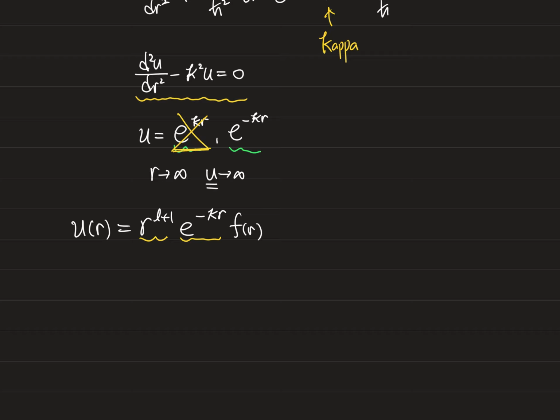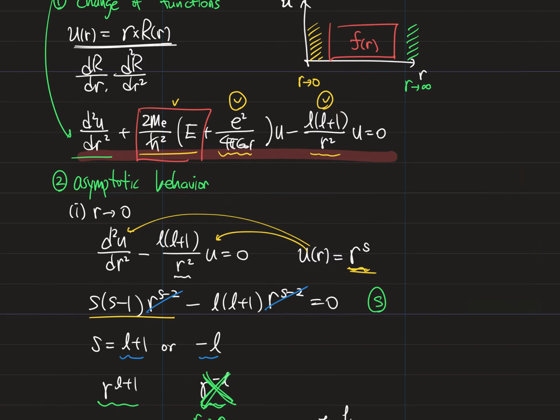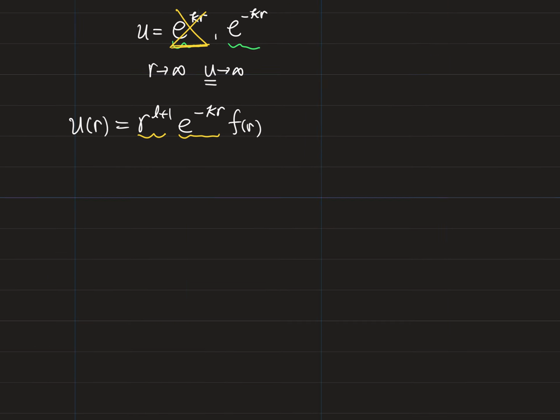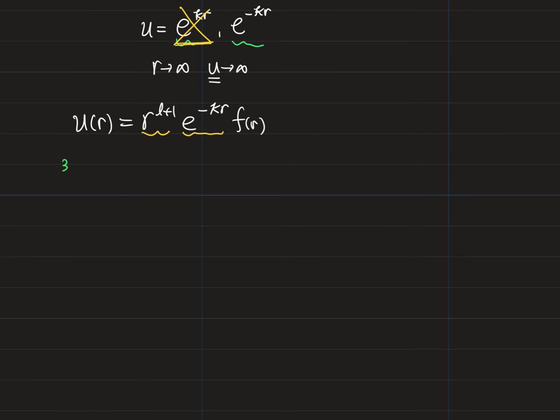So again, we are going to apply a second change of variables. Yes, it's step 3. Actually, this is the first time, right? The first time we changed the function. Now we change the variable.